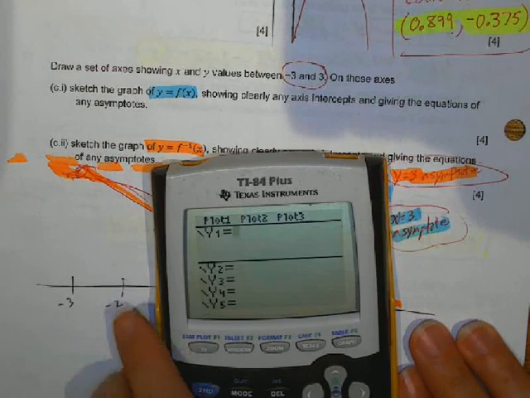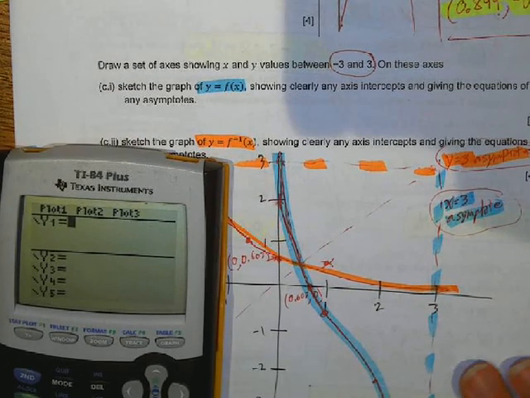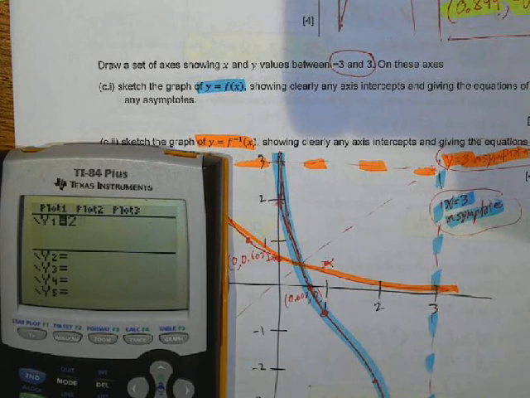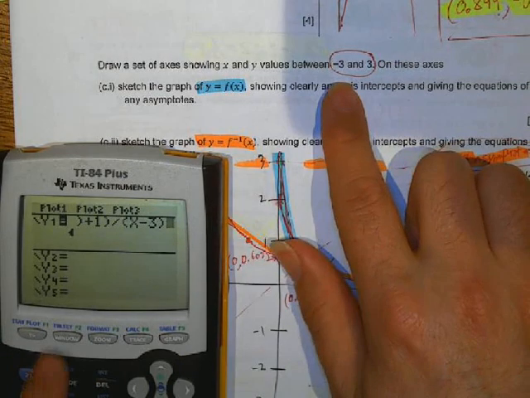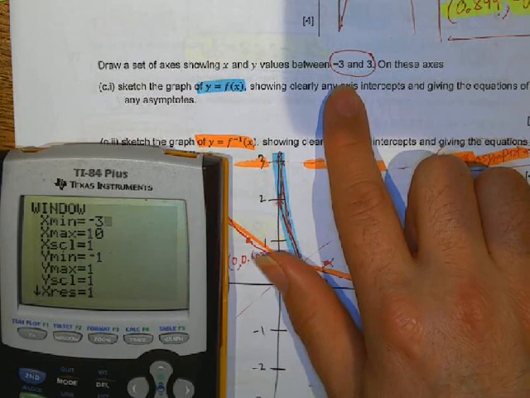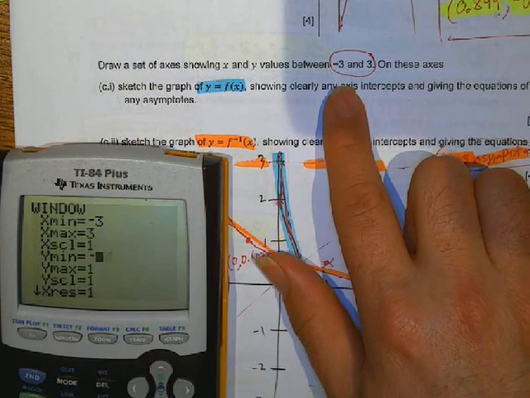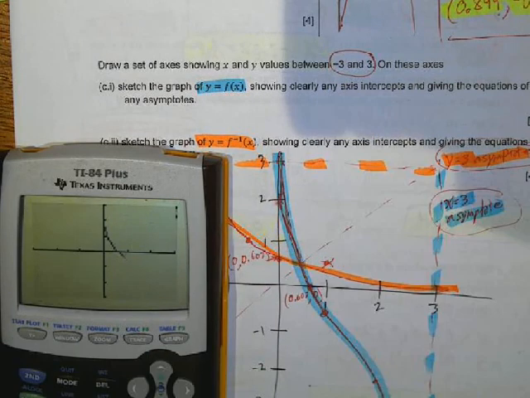So I'm going to type in the original function: open parentheses 2 natural log x close parentheses plus 1 close parentheses divided by open parentheses x minus 3 close parentheses, and we need the window to be between -3 and 3. And I get a graph that kind of looks like this.